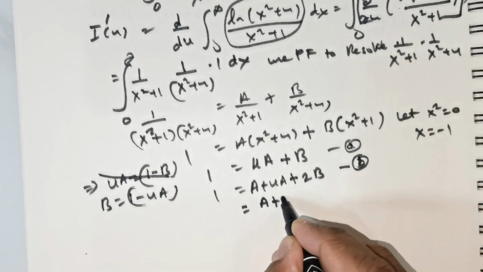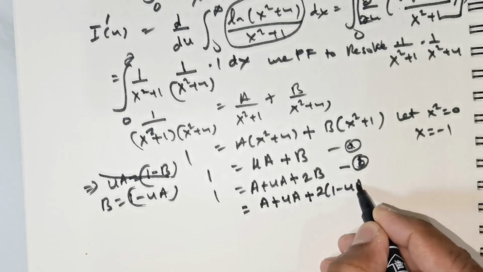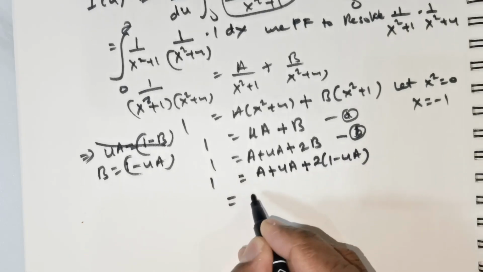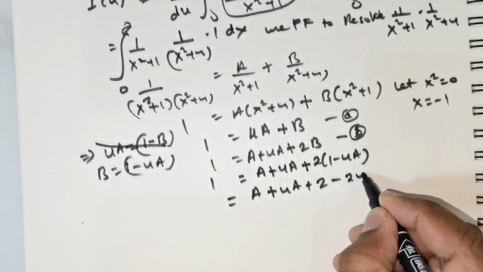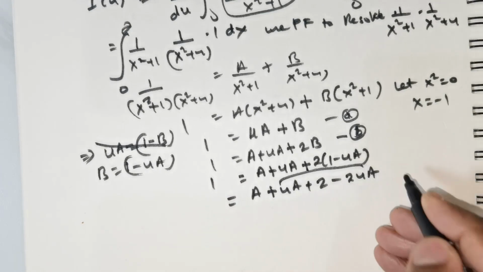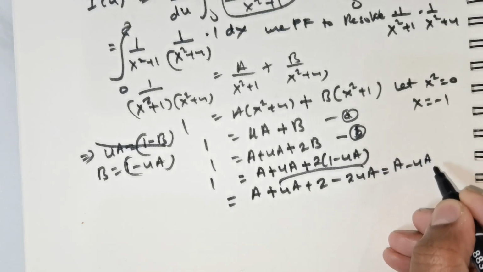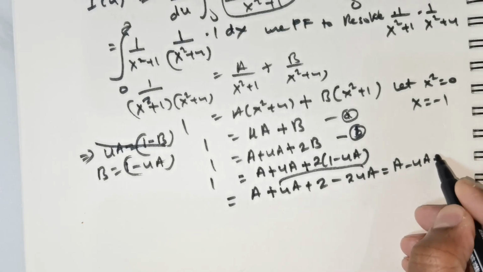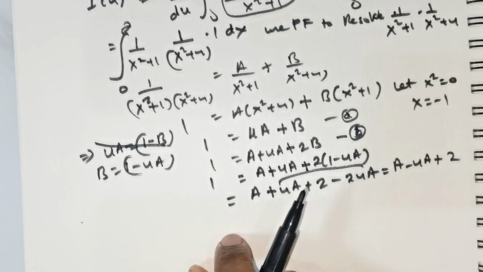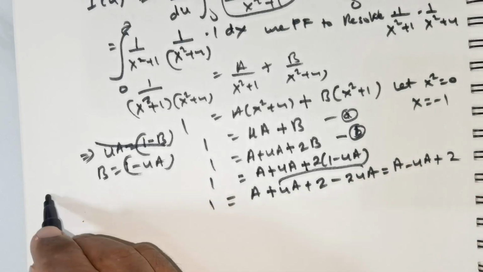So it's going to be a plus u times a plus 2 times (1 minus u times a) is equal to 1. This is equal to a plus u times a plus 2 minus 2 times ua. I can add these two, so that would give me a minus u times a, and then I have a plus 2 there, and there is a 1 here, so I can push the 2 to the other side.